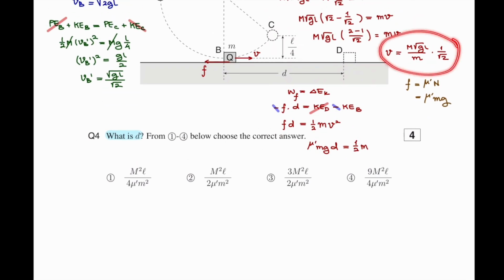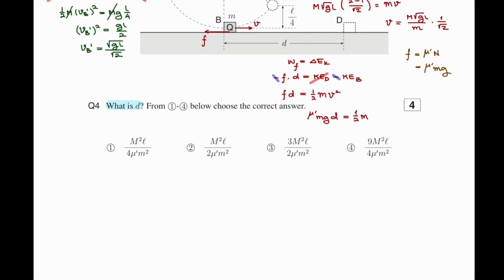V is this one. Don't forget to square it, v square, so we have to square it up. I will get m square GL over m times 2. M square, oh, don't forget this also has a square.